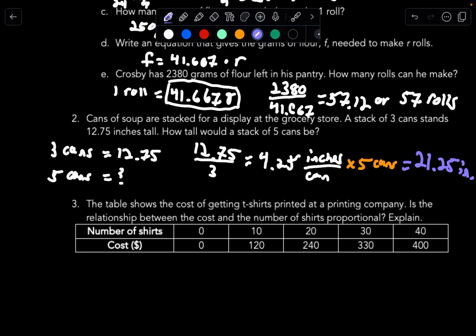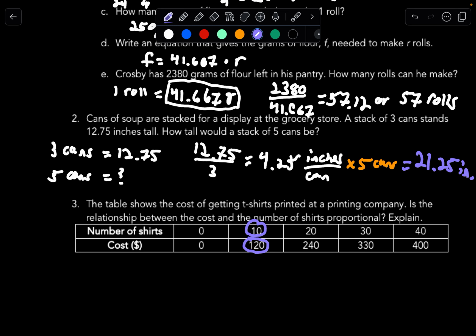Now, the table shows the cost of getting t-shirts printed at a printing company. Is the relationship between the cost and the number of shirts proportional? If it's proportional, notice, if you had 10 shirts, it cost $120, which is $12 per shirt.